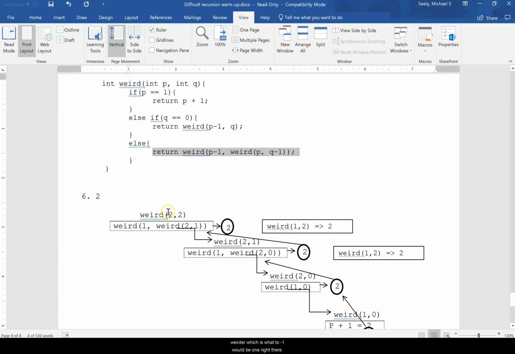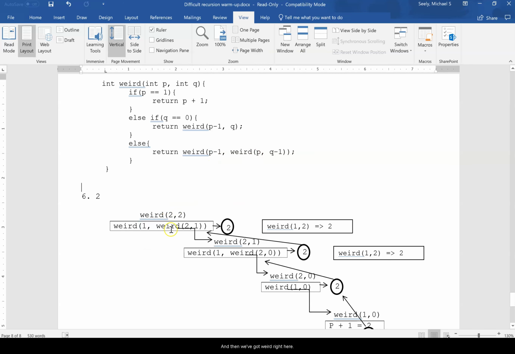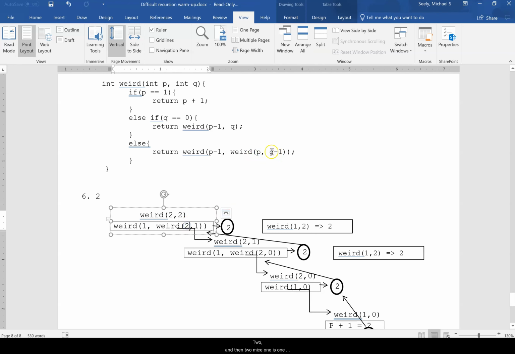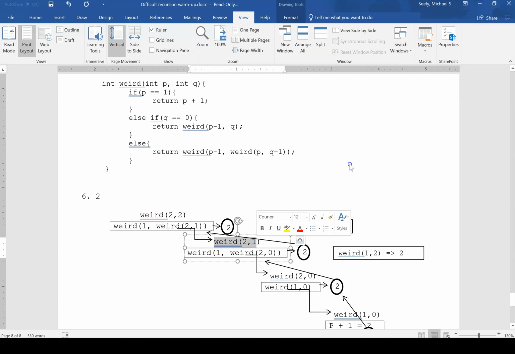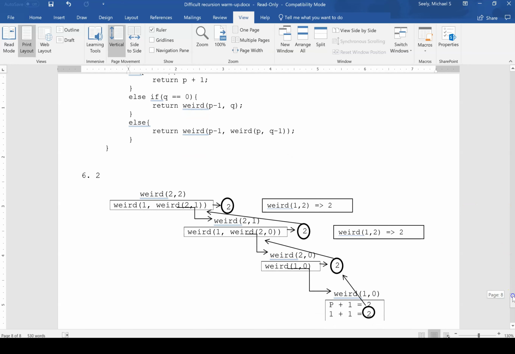So we do weirder, which is what? 2 minus 1 would be 1 right there, and then we've got weird right here, 2 comma, and then 2 minus 1 is 1, so that calls this one right here. Okay, 2 and 1.